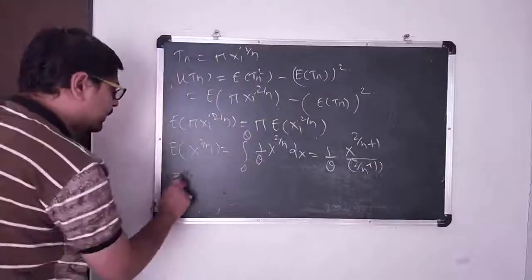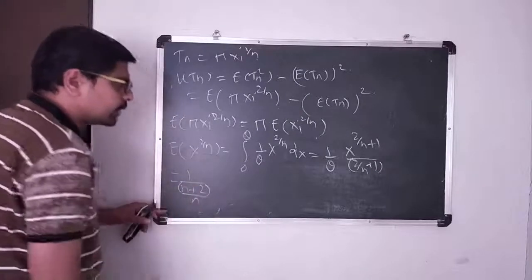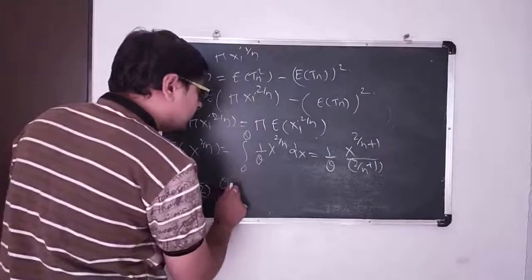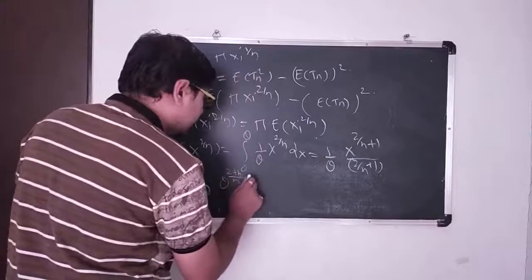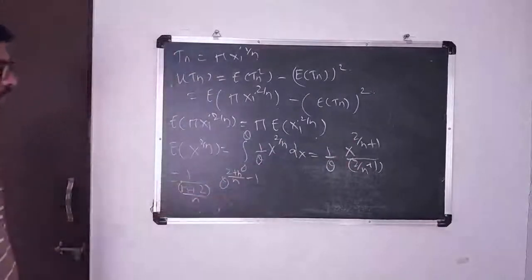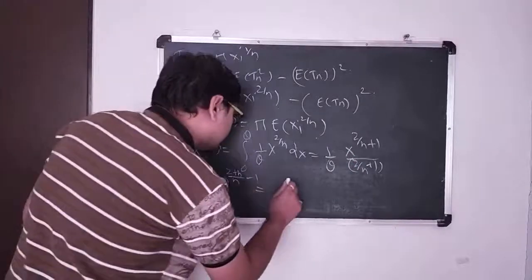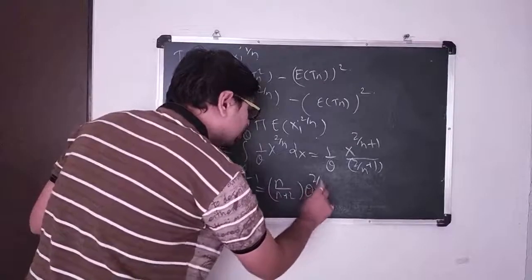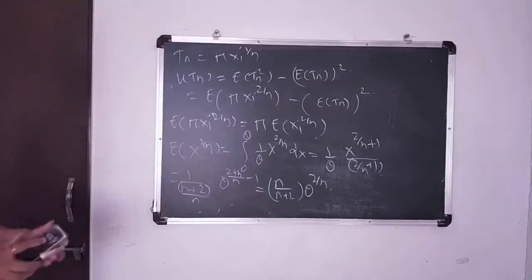Taking LCM, theta raised to 2 plus n upon n plus 2. This theta goes upside, so this is theta raised to minus 1. So this can be written as n upon n plus 2 into theta raised to 2 upon n. So this is the expected value of x raised to 2 upon n.